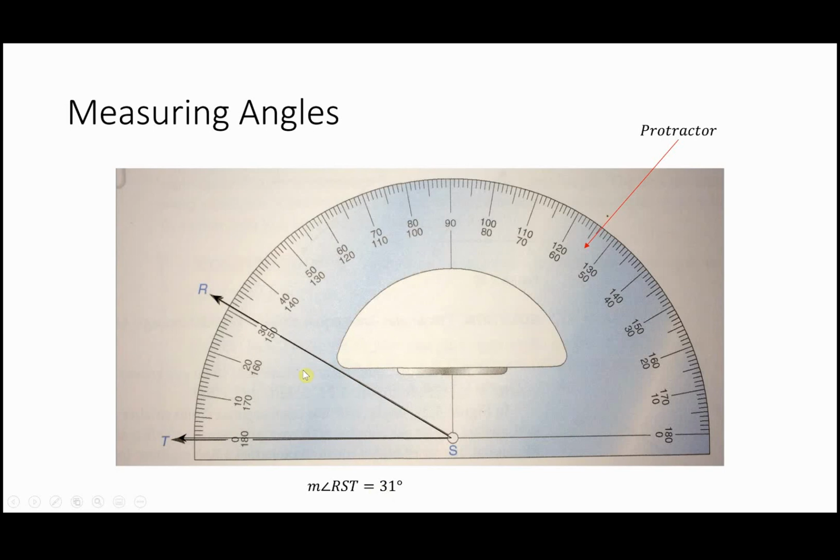Another thing that I wanted to point out that I didn't mention is that when you are lining up your protractor, if you use a protractor to measure angles, make sure that the vertex of your angle is in this central spot. Usually there's a hole right here or some other kind of measuring device, kind of like the zero edge of a ruler. It has the same kind of vibe.